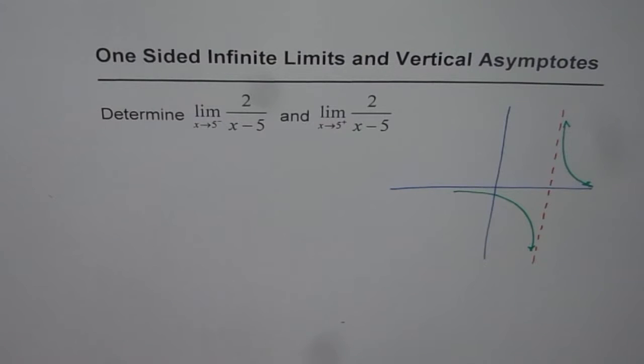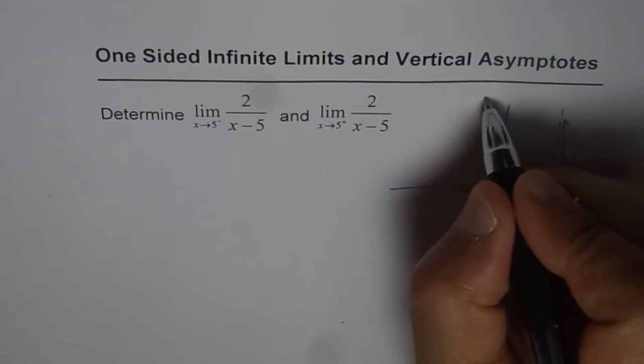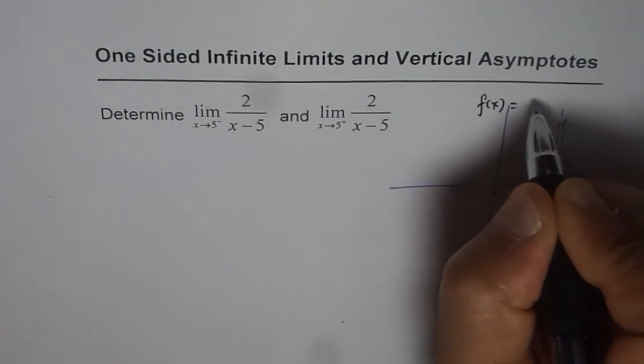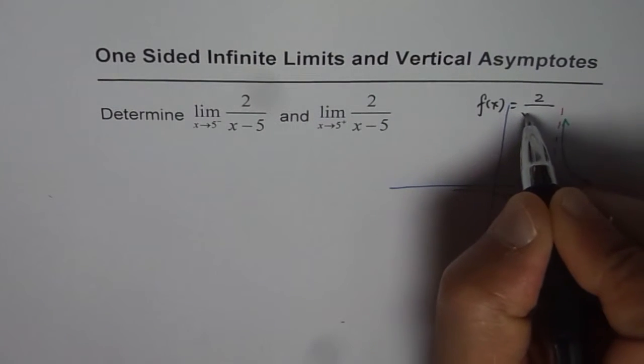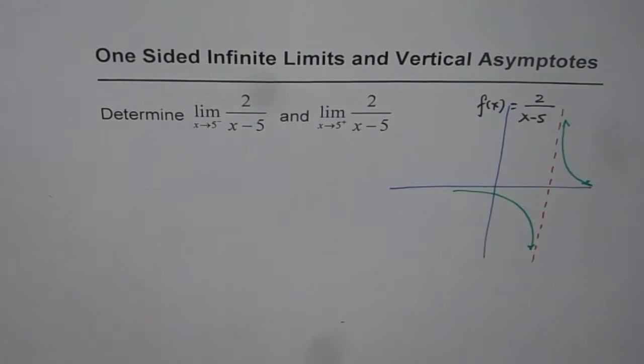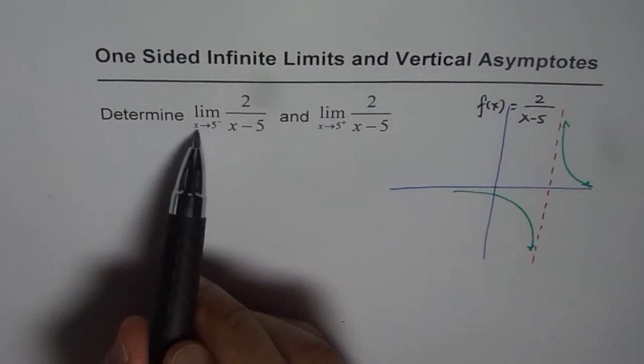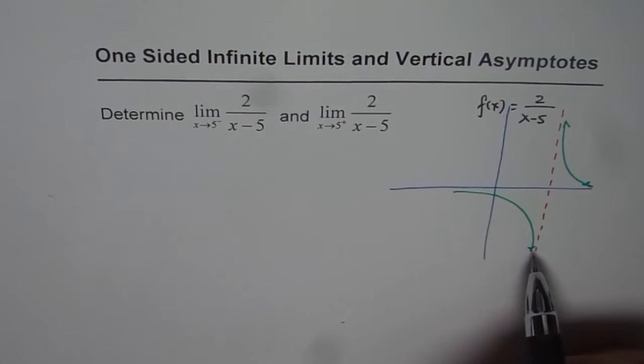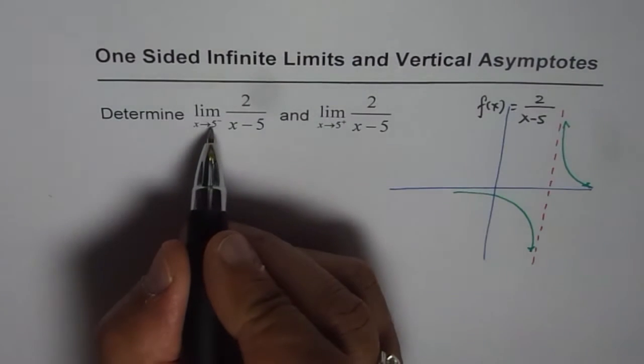Now the question here is, determine the limit of this function, f of x equals 2 over x minus 5. When we are trying to find the limit, we can substitute some values and check for ourselves what value we are approaching.